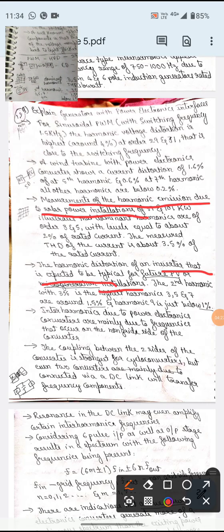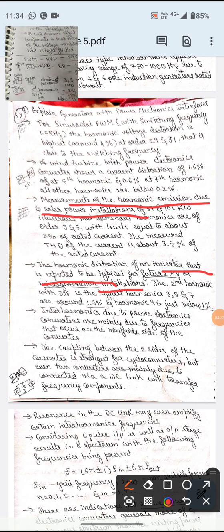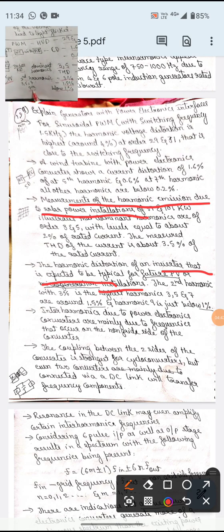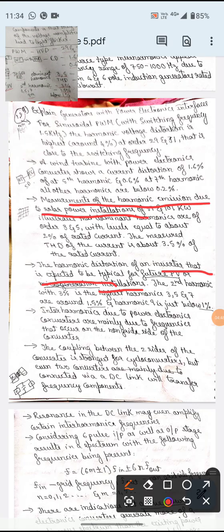So remember like this: for the wind, fifth and seventh were 1.6 and 0.6, and similarly for the 3rd, 5th and 7th it is around 1.5%, and ninth harmonic is below 1%.